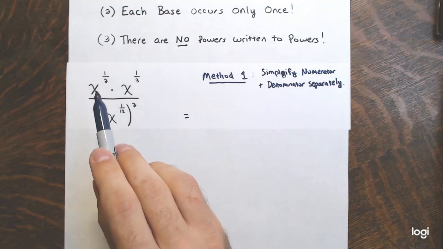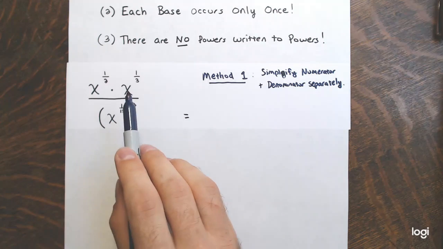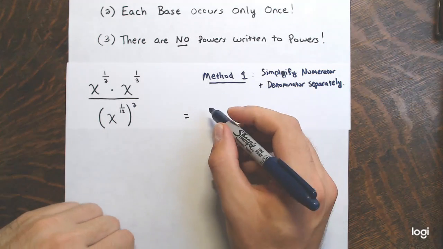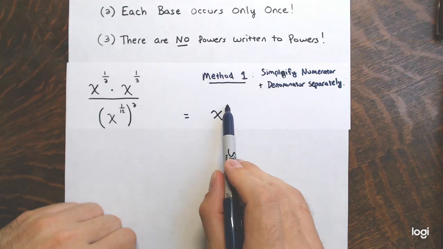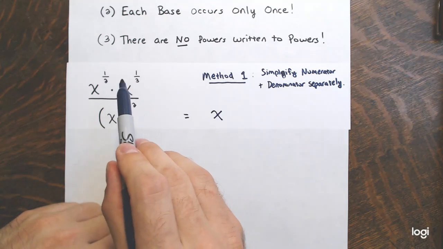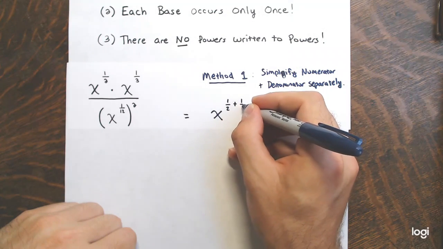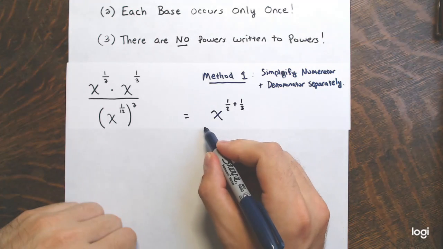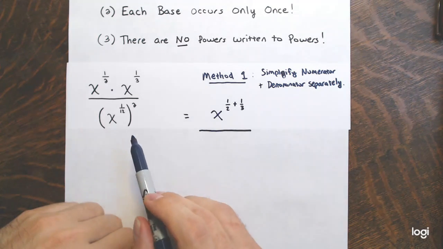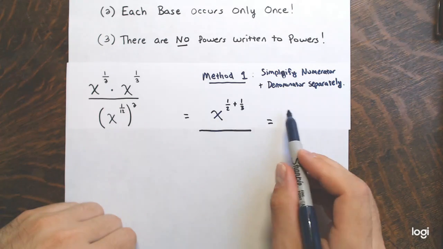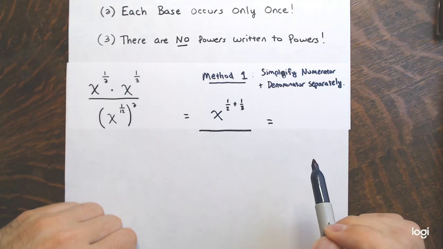Now remember that property earlier. When you multiply two factors with the same base, these both have a base of x, you keep that base, so x again, and then the exponent is the sum of these two, so x to the 1/2 plus 1/3. All right, and we'll simplify that in a second. Divided by, and again, I'll just keep doing the numerator. I'm going to simplify the numerator, then the denominator separately, and then we'll look at the whole thing.